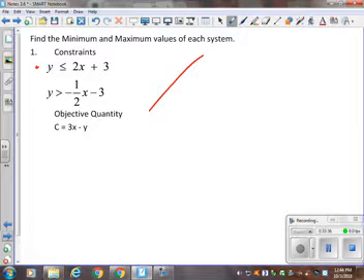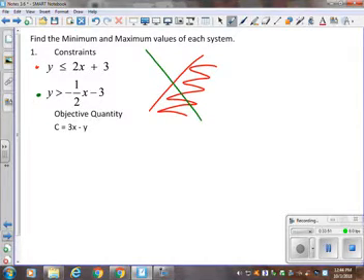Down? Okay. And then you'll look at your negative line. You got a line going downhill, right? And is it shaded above or below for that one? Above, right?